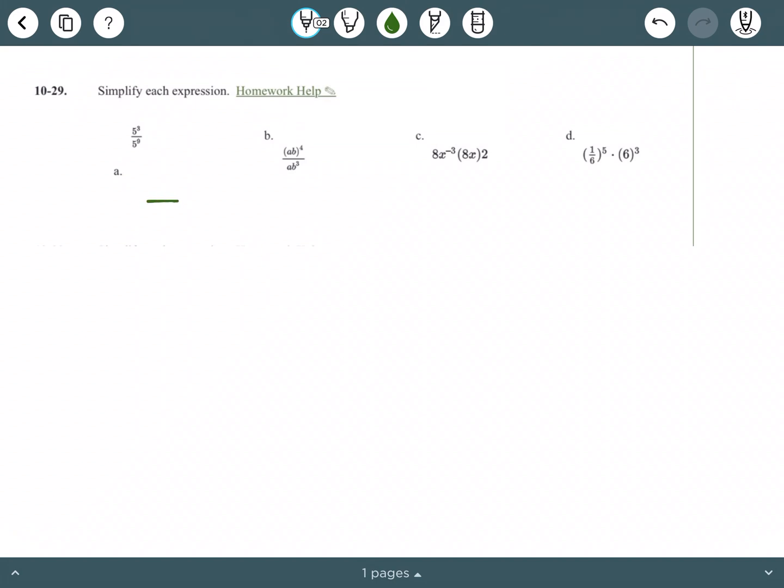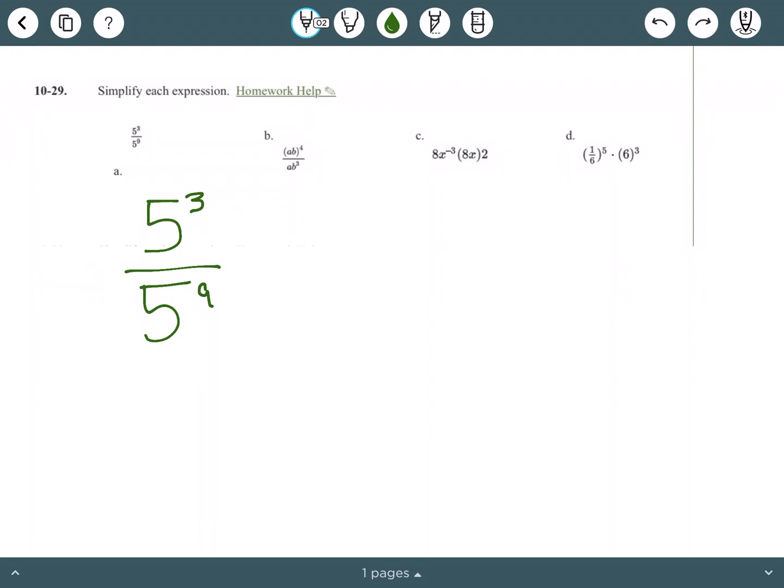We have 5^3 over 5^9. Now, you might recall that when we are dividing, because remember, this fraction bar means the same as divide.